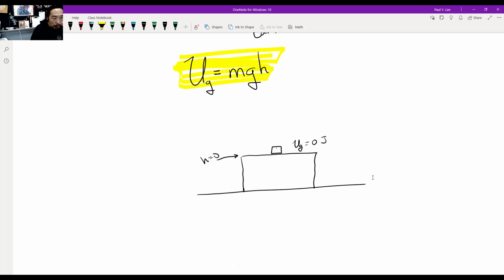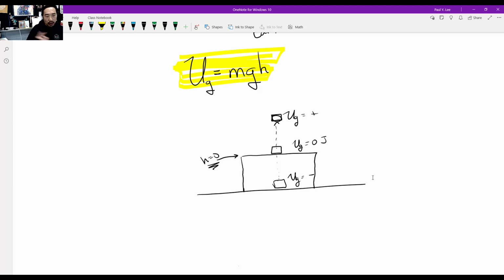But if we raise the object above that height, if we give it a positive height, it now has a positive potential energy. But what if we put the object below the table, or below height 0? Now we can say this has a negative gravitational potential energy. So it all depends on what you consider to be height 0.